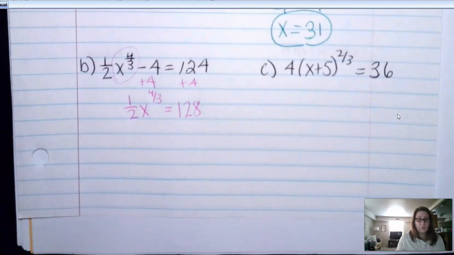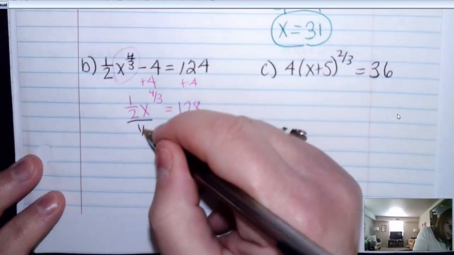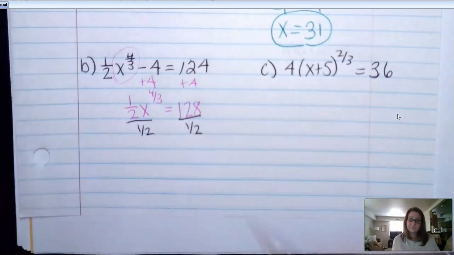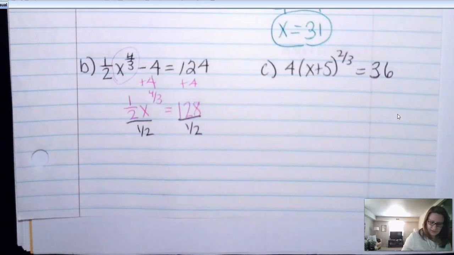All right, now the 1/2 is not being taken to that 4/3 power, so I'm still isolating that part of the expression. I want to divide by 1/2, or dividing by 1/2 is the same thing as multiplying by 2, so whichever you want to think about it.